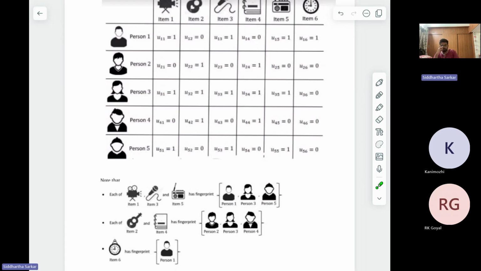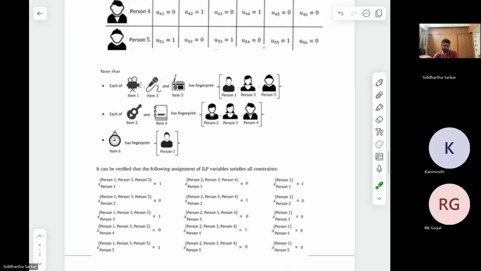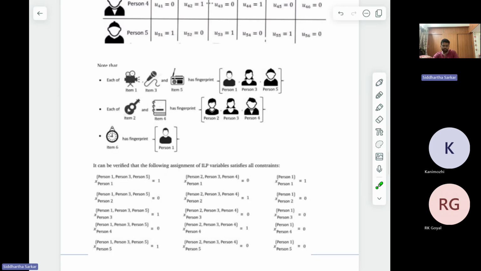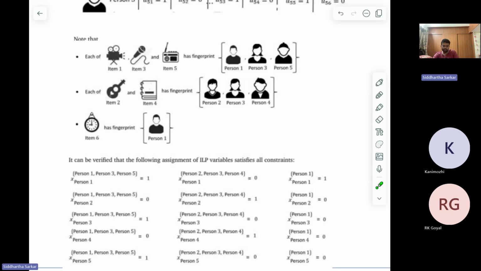Now it comes to allocation. We have to check whether this allocation is envy-free or not. First of all, what are these variables? I'll enlarge it. They define an integer linear programming, and in this integer linear programming, they use these variables. The variables correspond to the persons and the fingerprints.